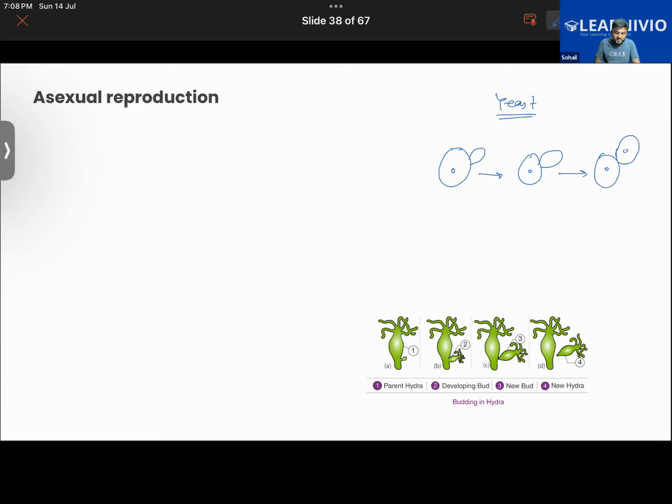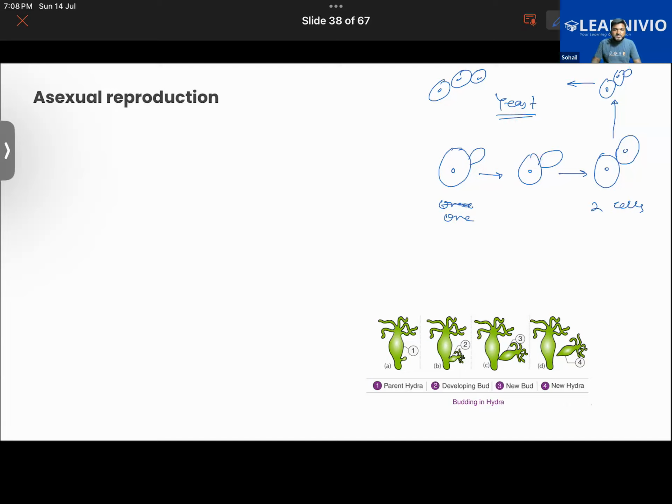So from one cell, it has now converted into two cells. But this would also further happen: one more bud would appear from its body, and it can grow like this. So some microscopic organisms like this yeast also reproduce via budding.